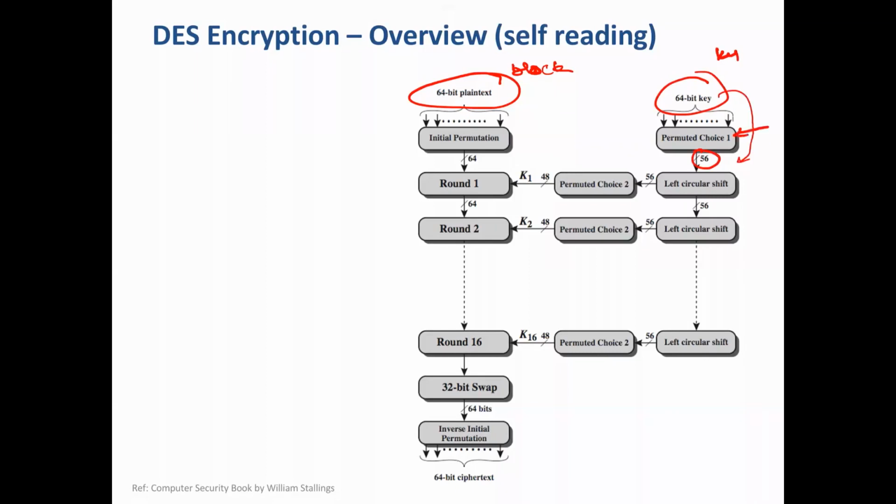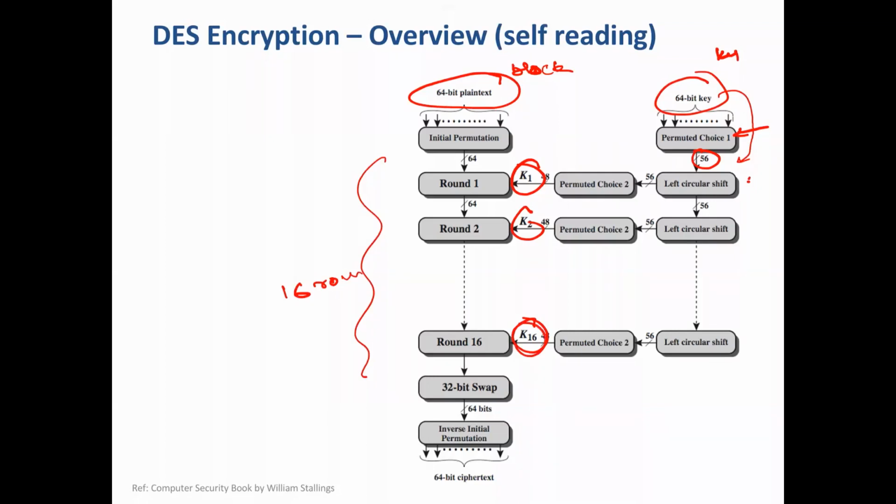Now from this 56 bits we are going to generate multiple keys, not one key. So this is the first key we are generating, this is the second key, and so many keys we generate depending on the rounds of manipulation we have. Let's assume that we have 16 rounds, so we'll have 16 different keys.